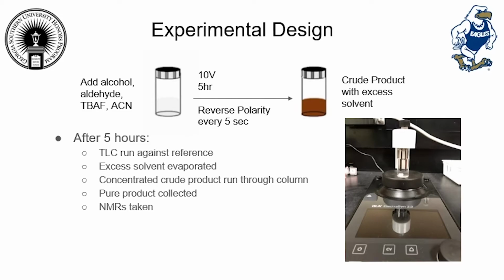And every tube held about 10 milliliters, so a lot of this was collected in order to purify the product. Once the pure product was collected, it was run on proton and carbon NMRs, just to make sure that the right product was collected and that it was the product that we originally were intending to make.